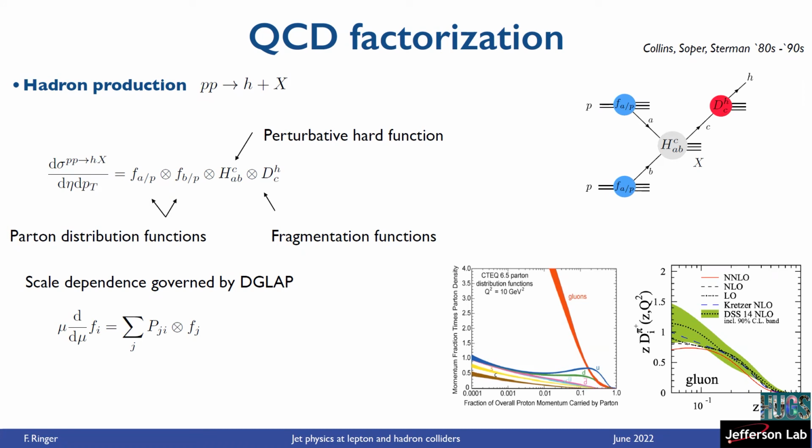For anything that I'll talk about here, these are just collinear PDFs, meaning they only depend on the collinear momentum fraction. So the total proton momentum is, say, 1, and the partons that scatter carry a momentum fraction in the longitudinal direction somewhere between 0 and 1. That's the collinear PDF.